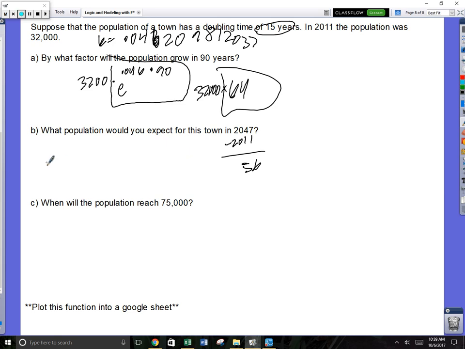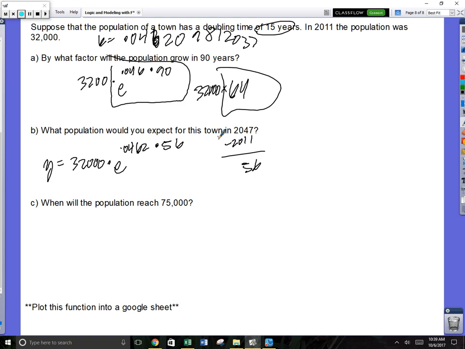So the population is going to equal 32,000 times e to the 0.0462. I'm going to use that whole number on my calculator times 56.